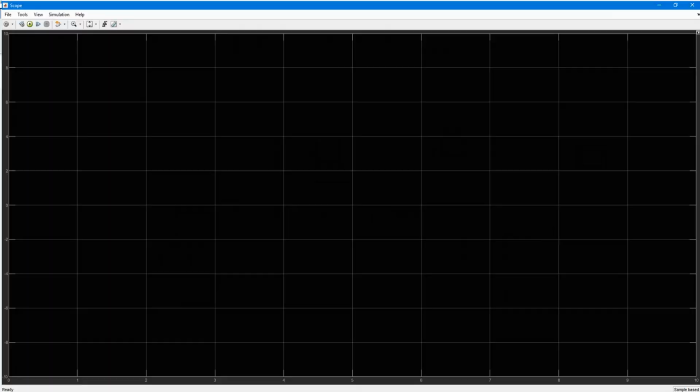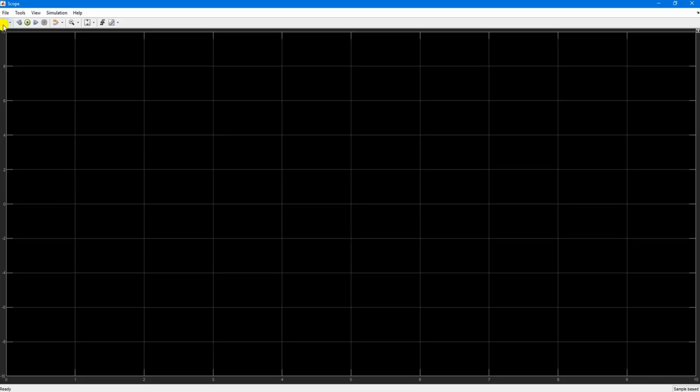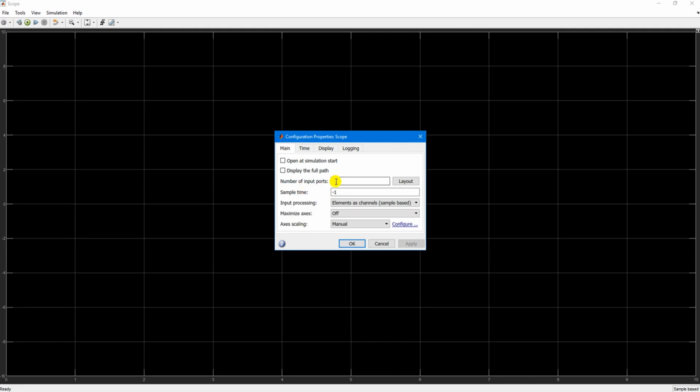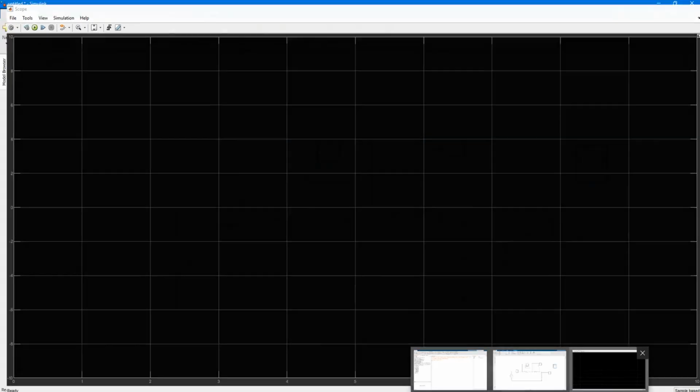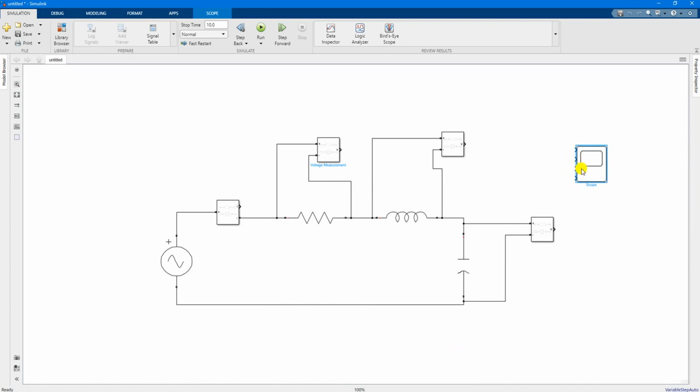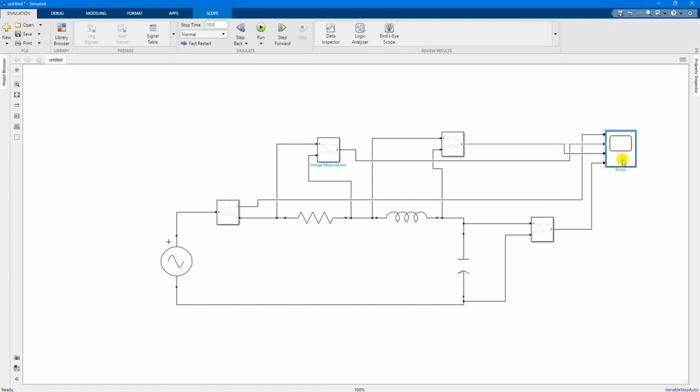We go to the scope settings, and we set 4 inputs like this. Then click apply and OK. If you go back to MATLAB, you'll see 1, 2, 3, 4. Now you have the first input like this, second input like this, third input like this, click and drag like this. So we have here our 4 inputs.